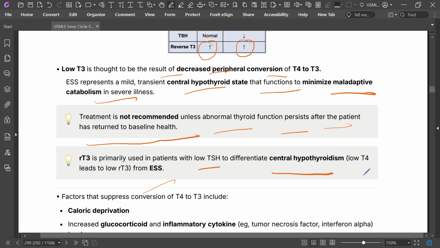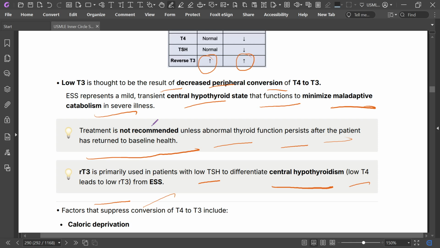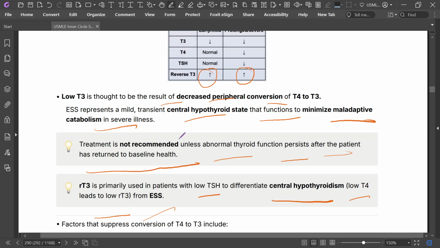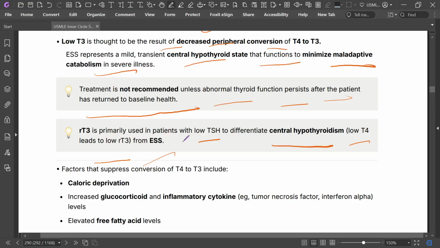In central hypothyroidism, low TSH leads to low T4, which leads to low T3. But in euthyroid sick syndrome, T4 may be low, but reverse T3 is high.